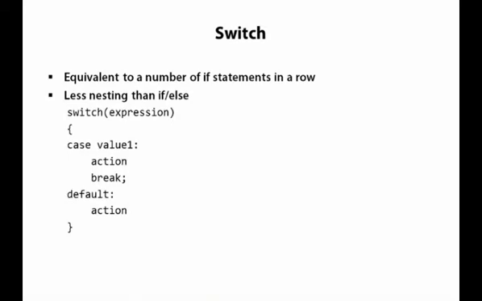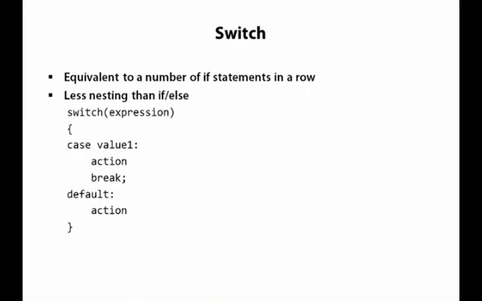So we have round brackets around the expression, just as with an if, just as with a while. You must have an open brace immediately after that and a closed one, non-optional. And then you have one or more case statements, and each one of them is case, space, some value, colon, what to do, and then a break.